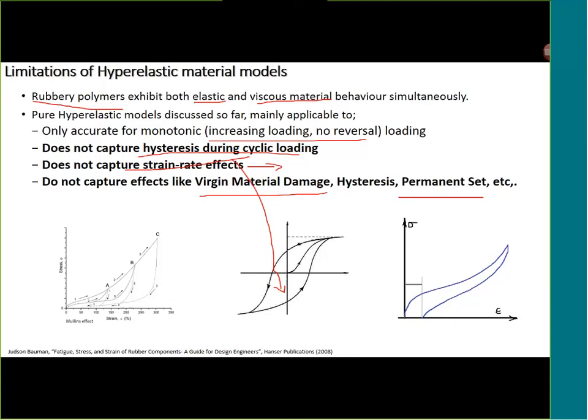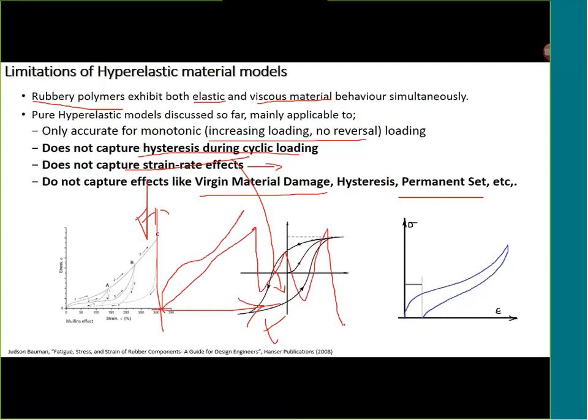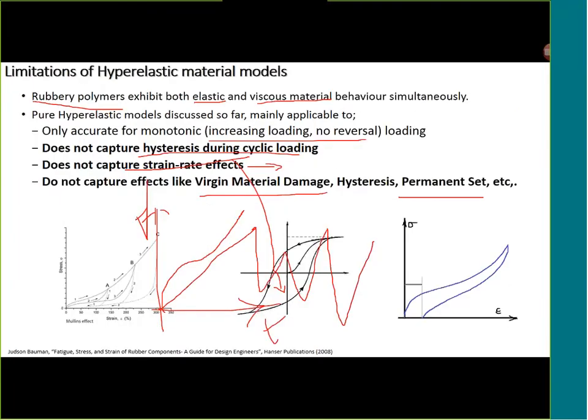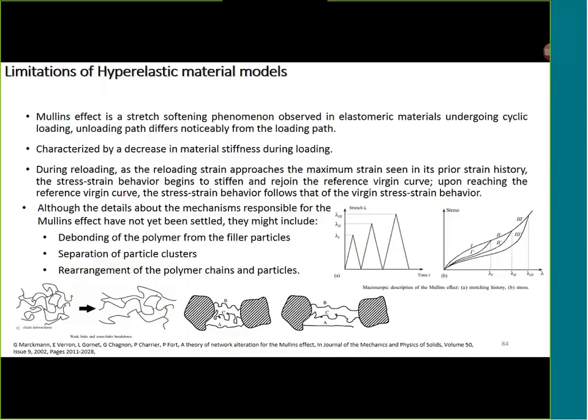So all the hyperelastic material models that we have discussed so far are good only for time versus force increasing linearly. The moment it is undergoing some kind of cyclic loading, they are not good. To capture that, we have to use different kinds of material models along with the hyperelastic material models.